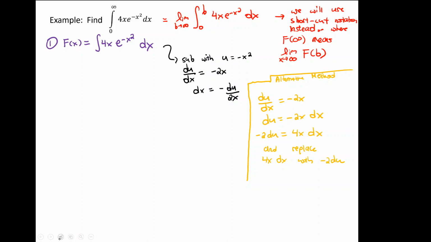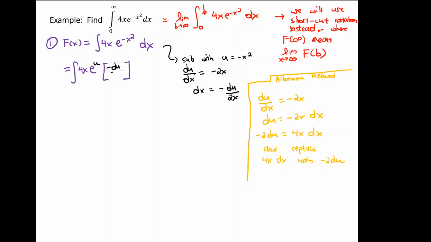It'll work out to be the same, no matter which method you use. So in the substitution, I did not change the 4x, it is as it is. I did replace the negative x squared with a u. And then the dx, it's getting replaced by negative du over 2x.